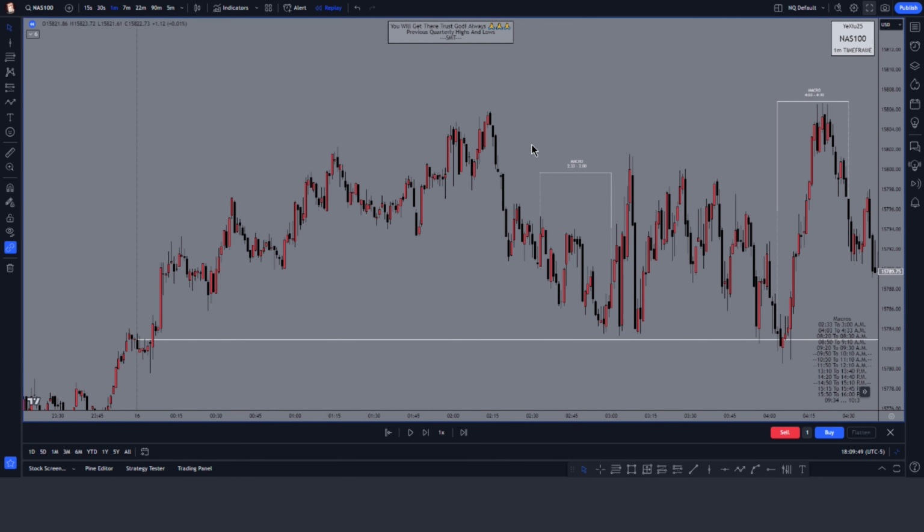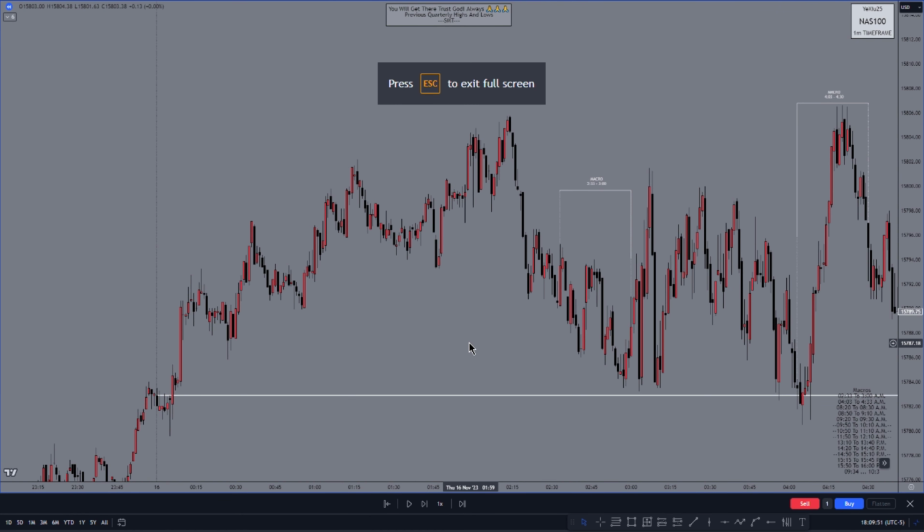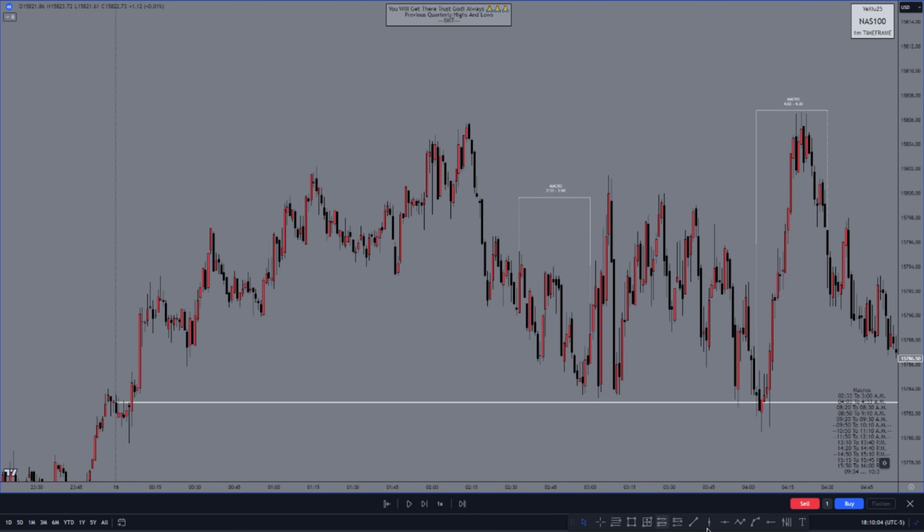So let's go. Every hour we have a macro, but not every macro will be a tradable macro. I'll show you and explain. We have, for example, 1 hour, AM, like you can see here.